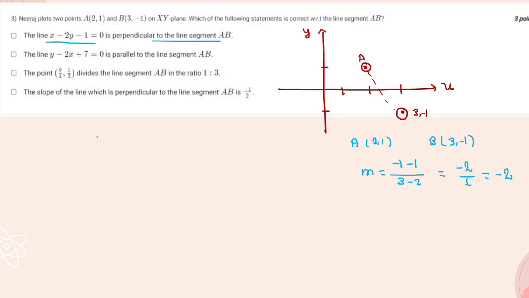The slope of the line x minus 2y minus 1 is equal to 0: let us suppose this is m1, this is m2, it will be equal to 1 by 2. x will go there, then it will be divided by 2. So now m1 times m2 is minus 2 times 1 by 2, so minus 1. So this line is perpendicular to the line segment AB. So this statement is correct. The second statement is the line y minus 2x plus 7 is parallel to the line segment AB.